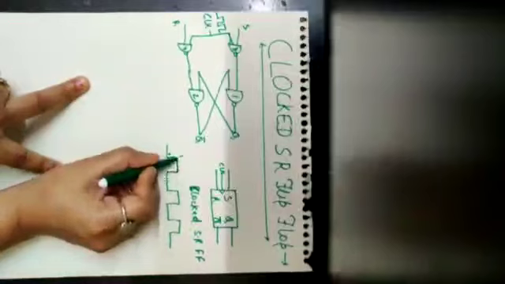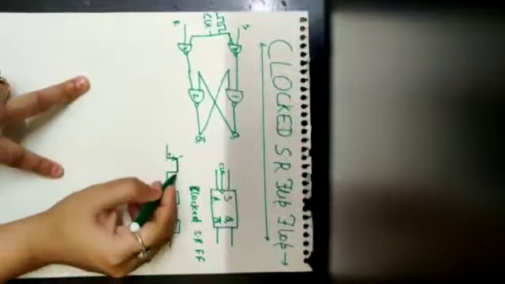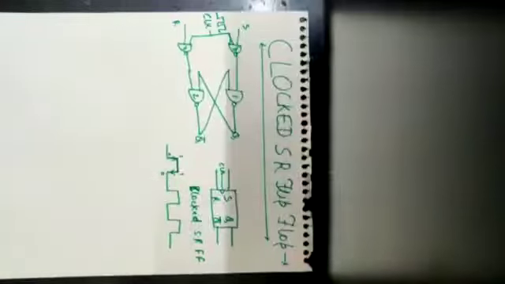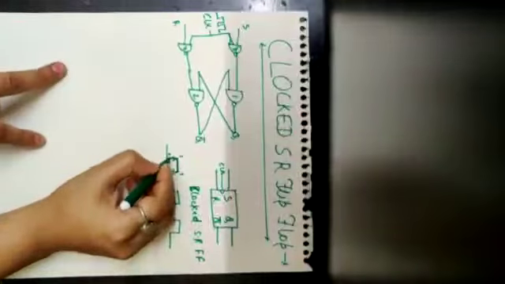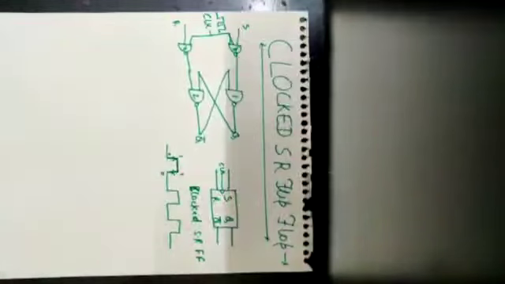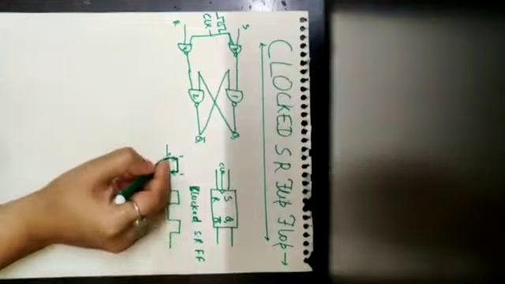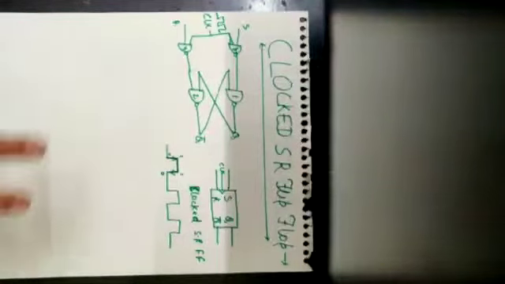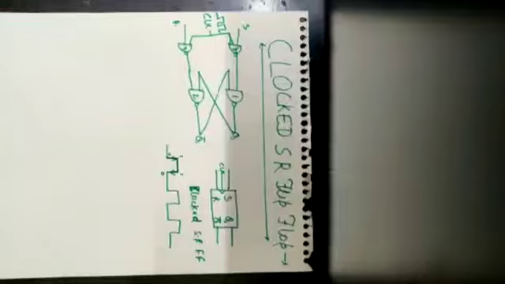It will remain high, and when the transition goes from 1 to 0, this is called the negative edge of the clock pulse. This circuit will respond only when the clock goes from 0 to 1, only when the clock goes from low to high. Now we have to understand the working of this clocked SR flip-flop.